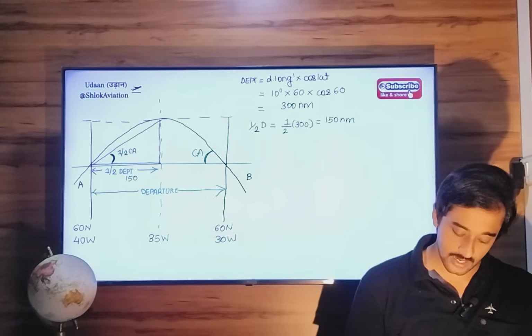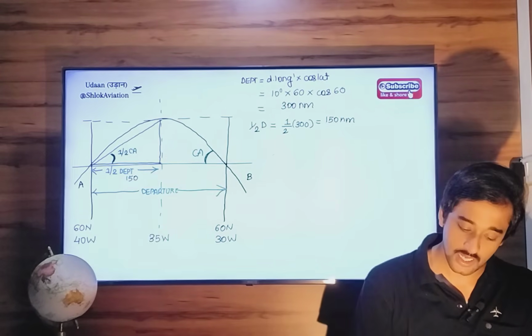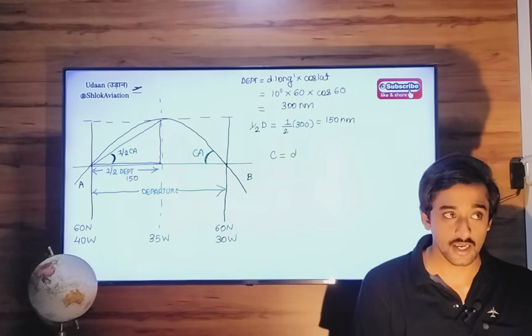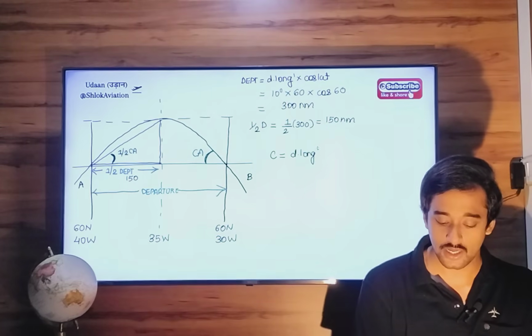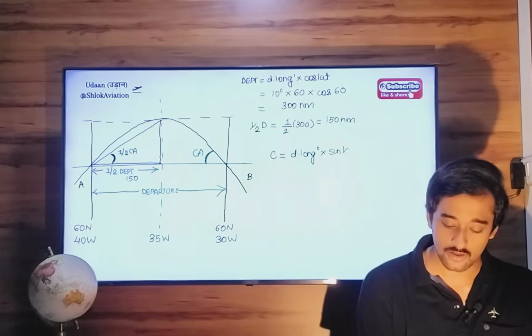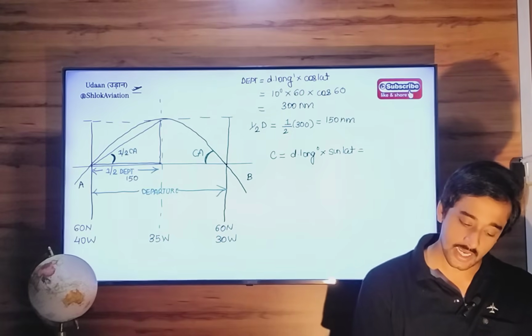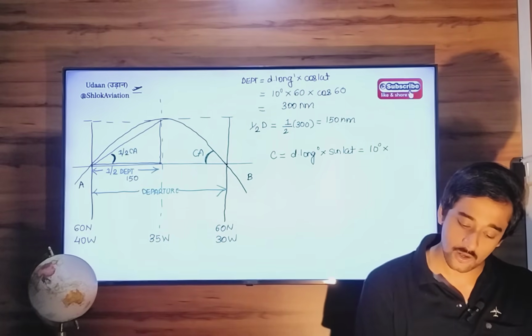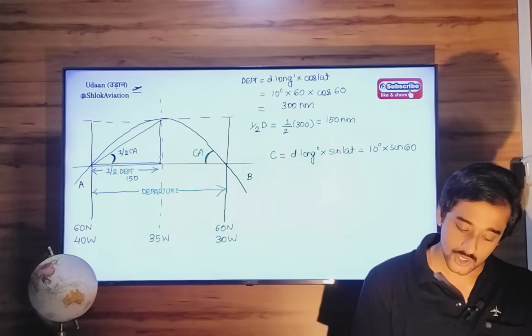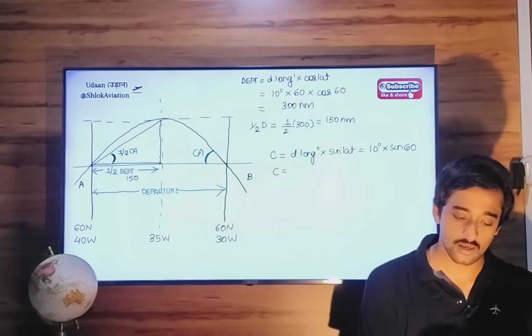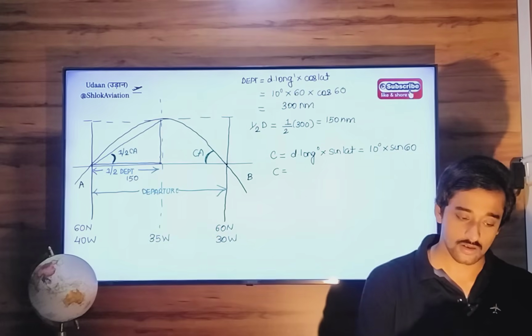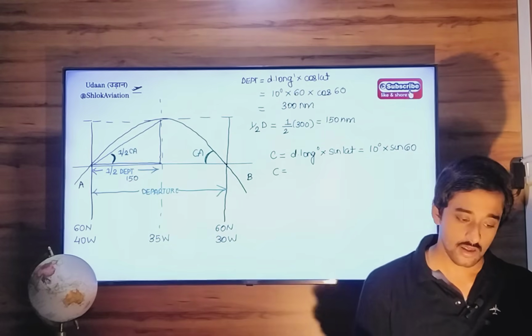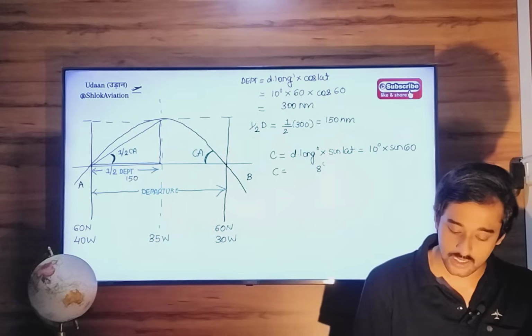Step 2, conversion angle, which is half of convergency. So d long in degrees into sine of lat. So again, d long is 10 degrees, sine of 60. So convergency is sine 60 into 10, 8.88 degrees, 39 minutes.